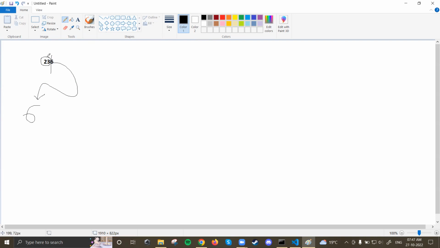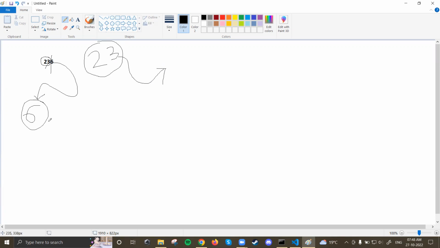Now we take out this 3 from this. So this 236 has become 23. We got 6 here, and if we apply the same thing we did for the 6, we can take out the 3, isn't it?